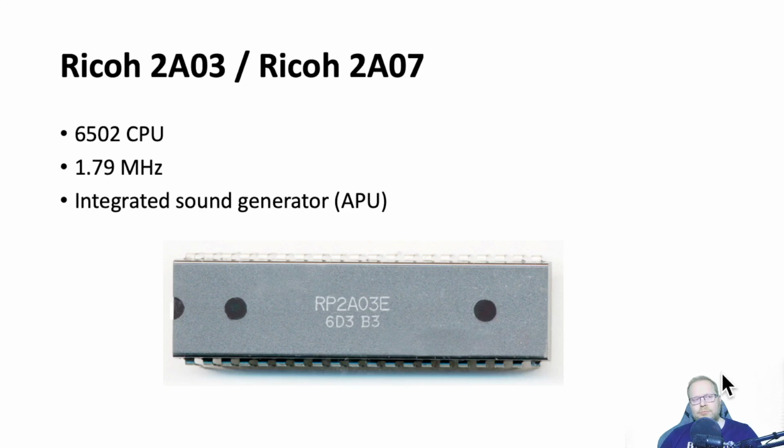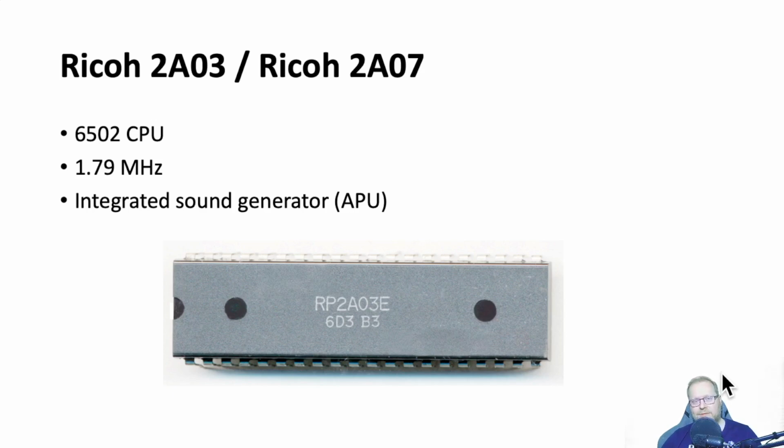The details here aren't super important, but let's just mention briefly that maximum speed for the CPU is 1.79 megahertz. So it's pretty fast for a CPU from the early 80s. And it also has an integrated sound generator. So the sound chip is inside the CPU.